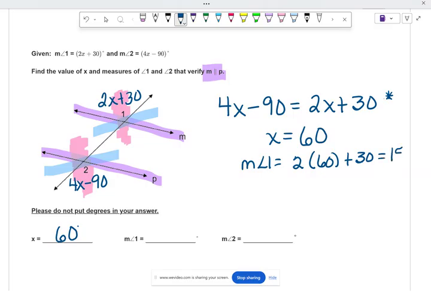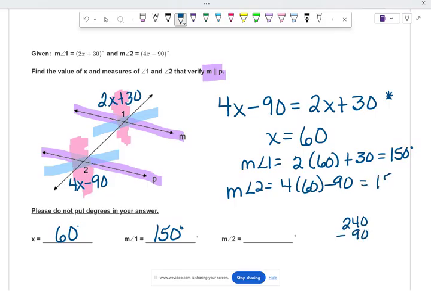And that would be 150 degrees. The measure of angle 2 would be 4 times 60 minus 90. And that would also be 150 degrees.